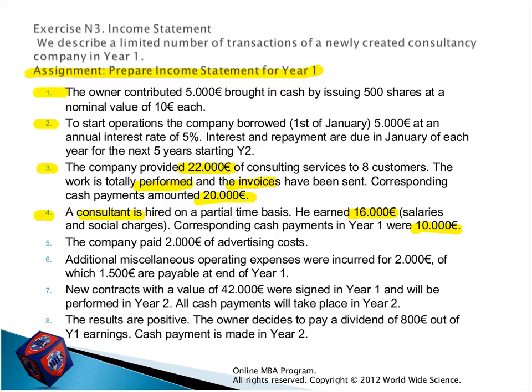He provided consulting services to our customers, and we have to pay him 16,000, which is the salaries, for example. And here we say that we paid his salary in cash by only 10,000. That means the 6,000 we are going to pay in the next year.